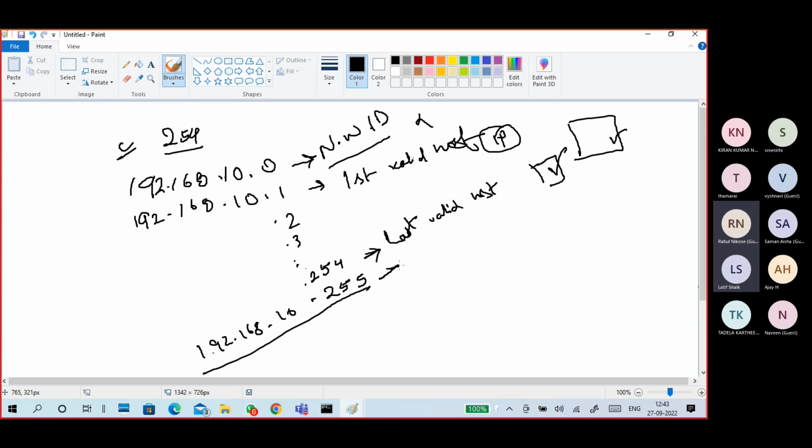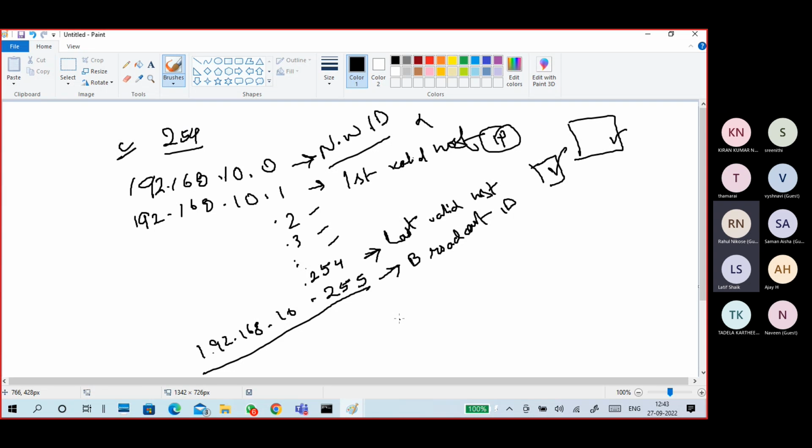Okay, so this one we call a broadcast ID. What is the meaning of broadcast ID? For example, there are PCs configured like 192.168.10.2, 10.3, 10.4, like that.